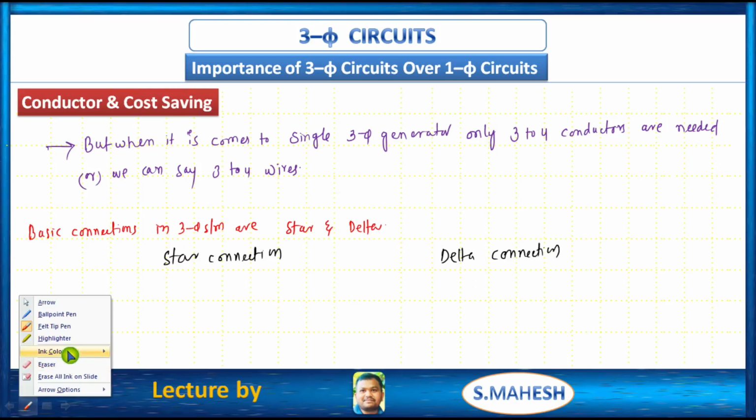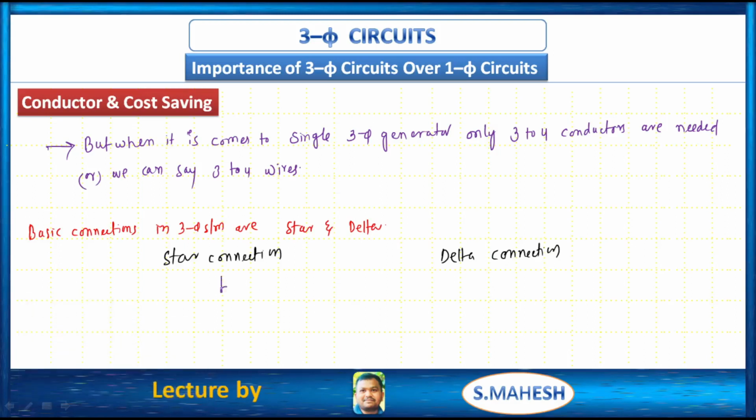How many? Let us say this is neutral. So for this, 1 wire, 2, 3. For this neutral we have 1 wire, right?